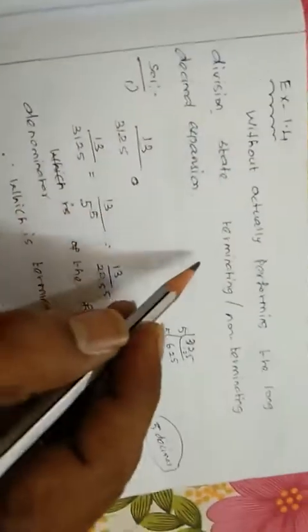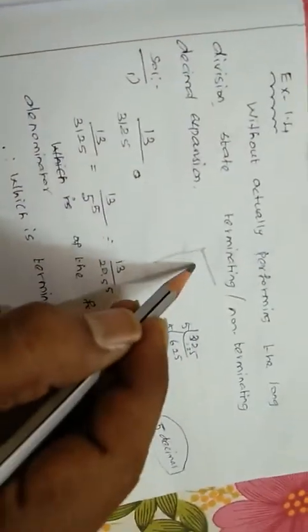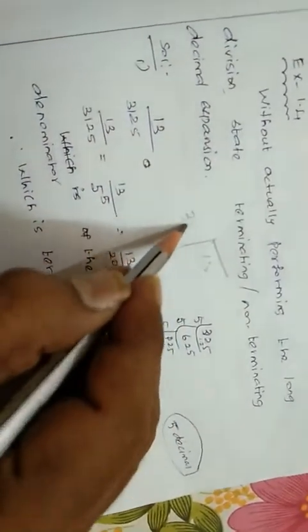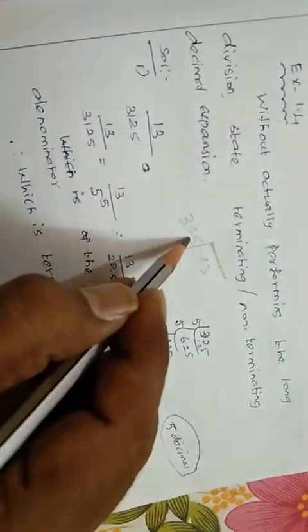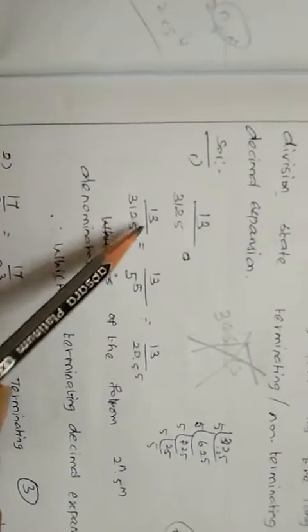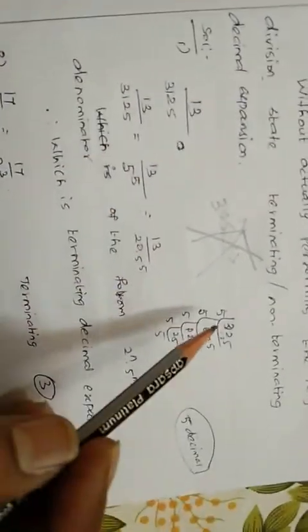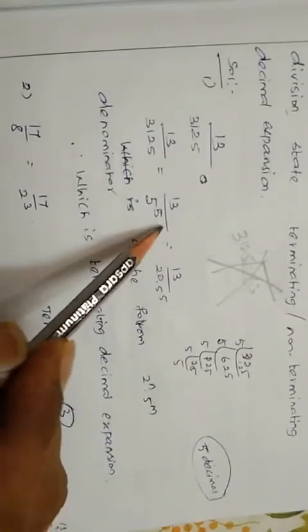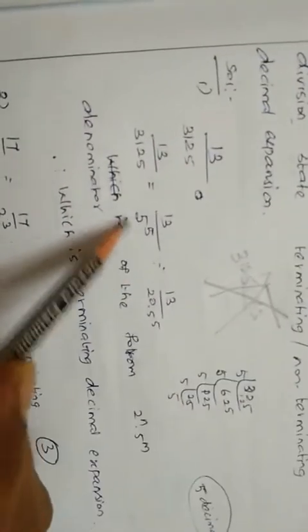That's all. So using this method. What is meant by the long division method? This 13 by 3125, dividing 13 by 3125 is the long division method. Don't do that for this problem, right? Now 13 divided by 3125. Here the prime factorization of 3125 is 5 power 5. So here we have 5 power 5, no?